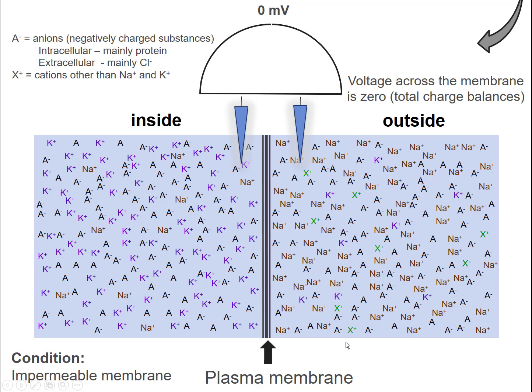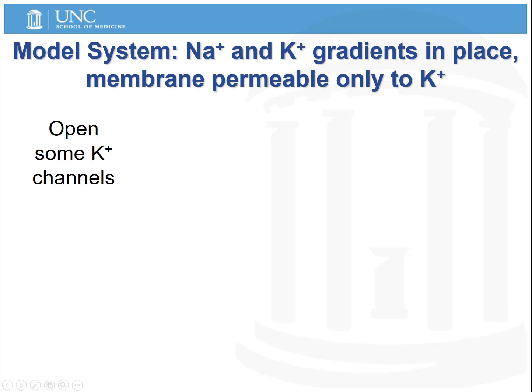That means that if we turn on the voltmeter, the voltage is 0 millivolts because there's no voltage difference between the inside and the outside of this cell in this model system. Now we can use this model system to look at how ion concentration gradients and opening ion channels creates a membrane potential.